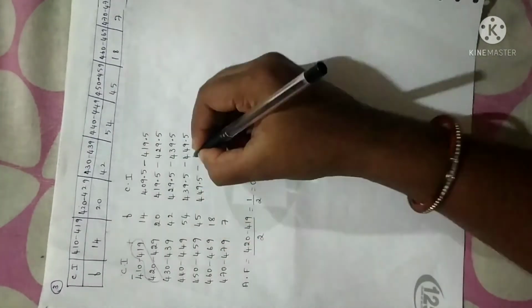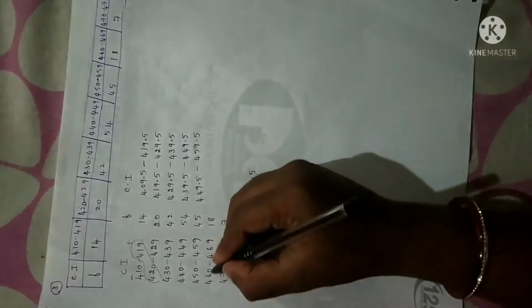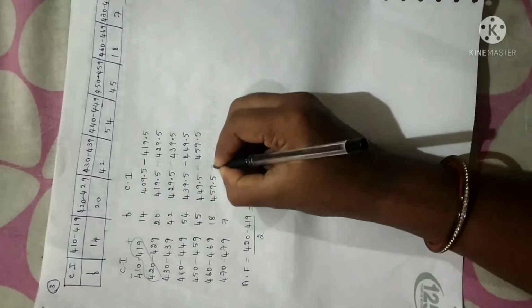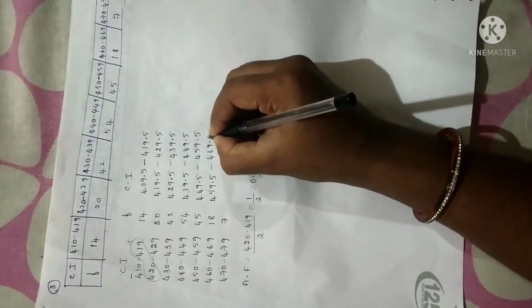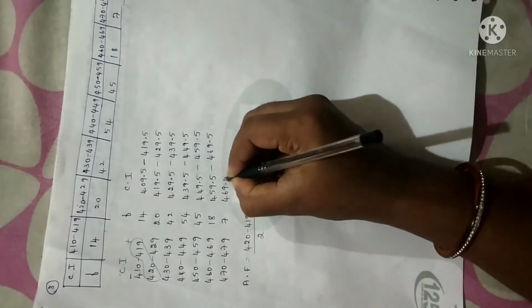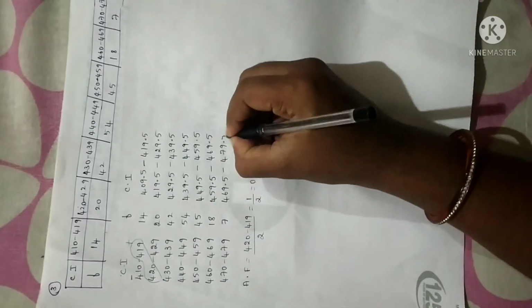Next 459 plus 0.5 is 459.5. Next 460 minus 0.5 is 459.5. Next 469 plus 0.5 is 469.5. Next 470 minus 0.5 is 469.5. Next 479 plus 0.5 is 479.5.